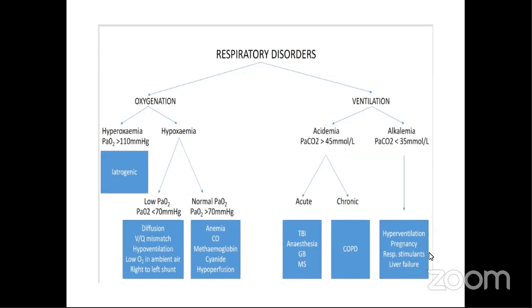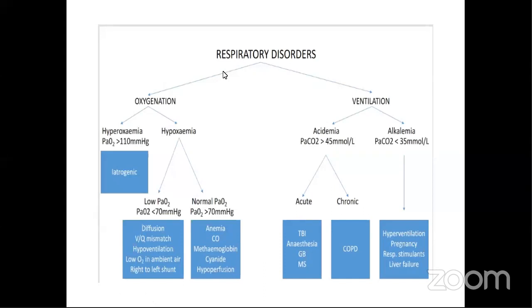We can see the hypoxemia with normal PaO2. So causes for these pathologies are anemia, carbon monoxide, methemoglobin, cyanide poisoning, as well as hypoperfusion state. Coming to ventilation disorders. Ventilation disorders are classified to acidemia and alkalemia. It depends on the level of the PaCO2.